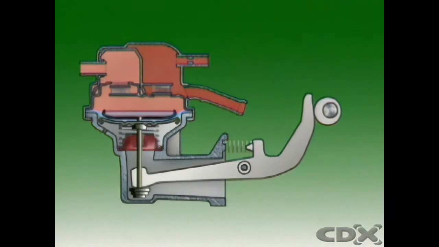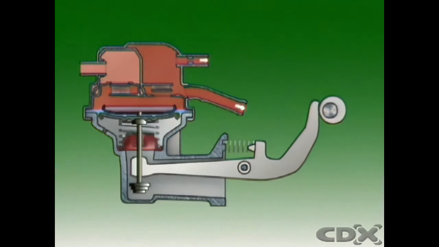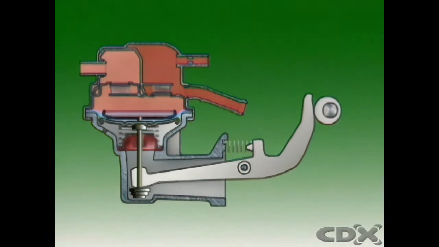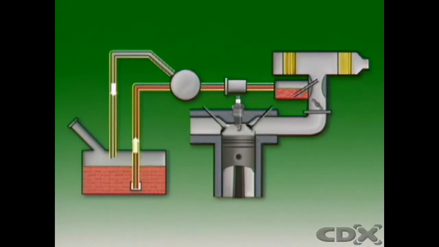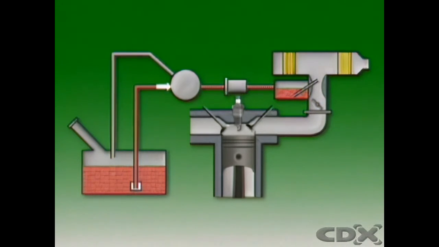The diaphragm spring can't push the diaphragm up so far, and the pumping stroke is reduced. Some pumps also have a return line to send excess fuel back to the tank. As the fuel circulates, it cools the fuel pump and lines and reduces the chance of vapor locks.